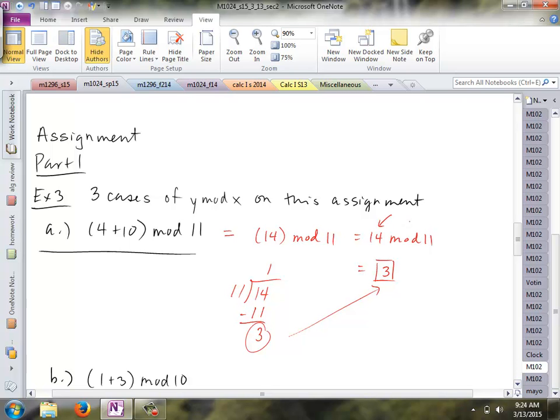So let's backtrack in this problem and I'll give you a little rule here. If this first number is greater than or equal to the modulus, or the second number, just call it that, then the answer is the remainder after doing long division.